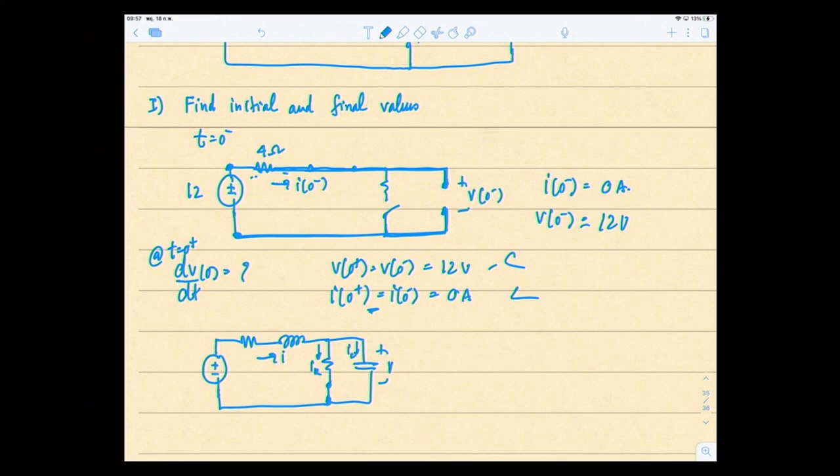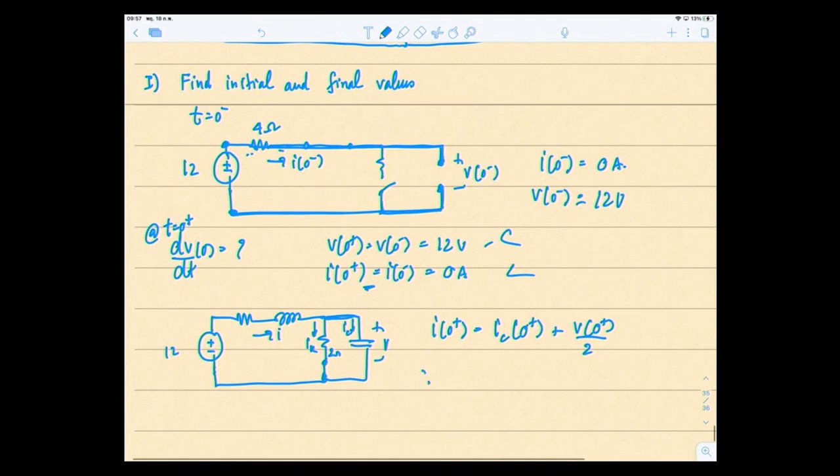So if I write KCL at this point, I at 0 plus equals the current through the capacitor at 0 plus plus V at 0 plus over 2 ohms, that is IR.